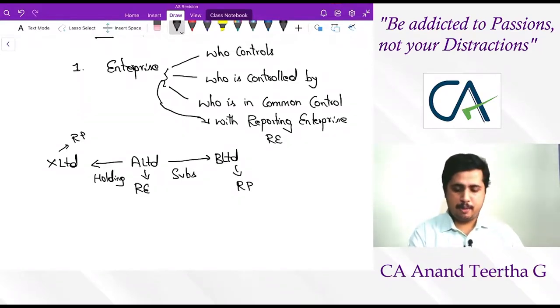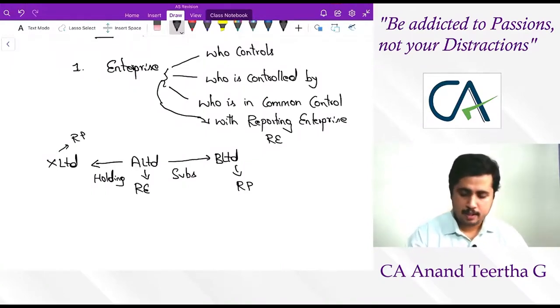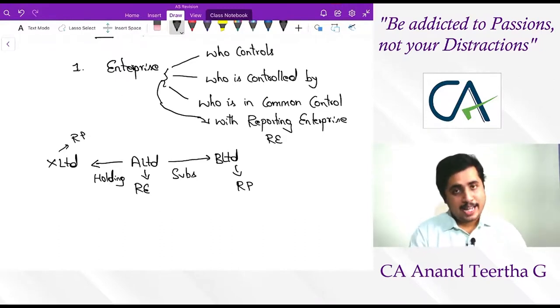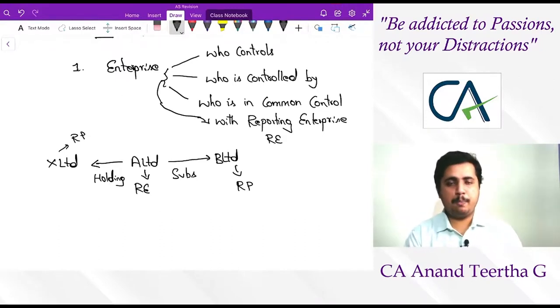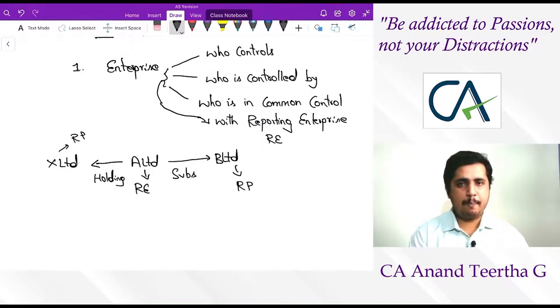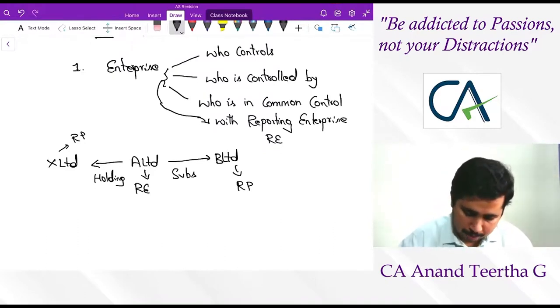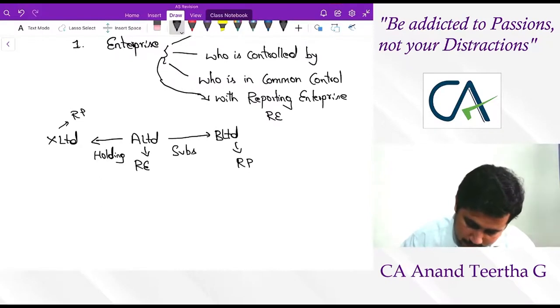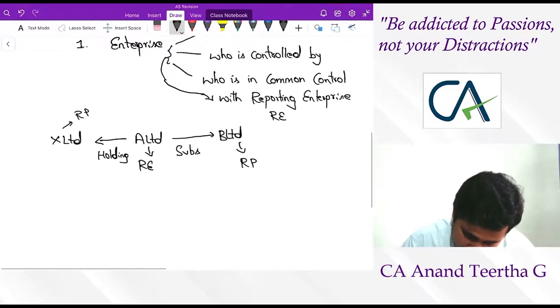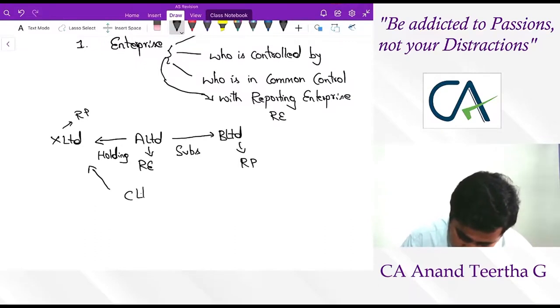I hope everybody are able to understand who controls. So X Limited controls reporting enterprise. So X Limited became a related party. B Limited is controlled by reporting enterprise. So B Limited became a related party. Now who is under common control? Assume that for X Limited, there is another subsidiary called as C Limited.